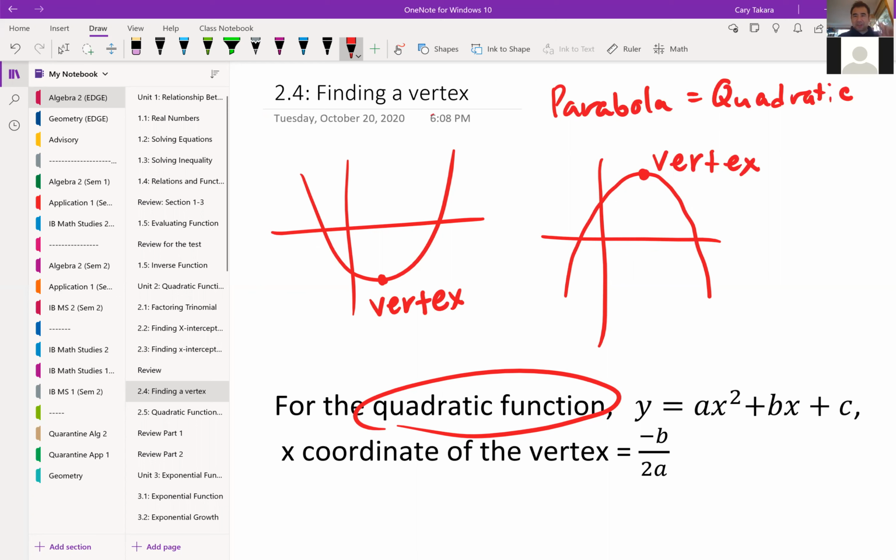Right? And oftentimes the question will ask you, what's the highest point that the baseball reached, or something like that. There will be a question relating to finding the highest point of the parabola. Okay.